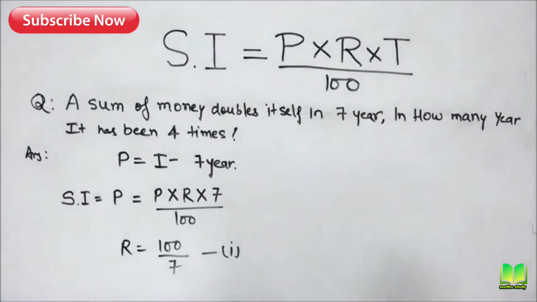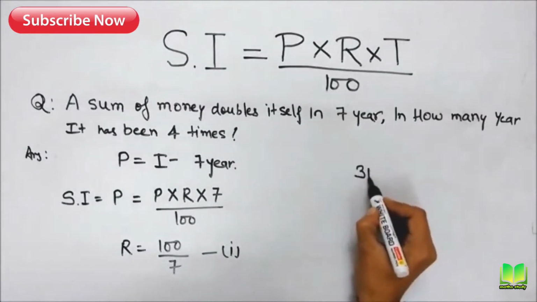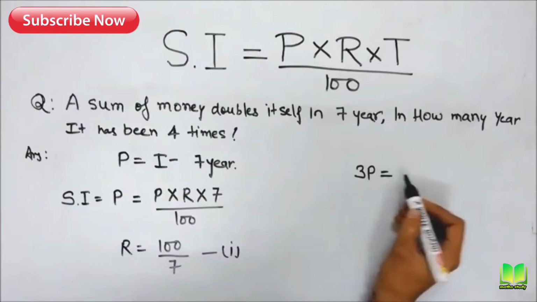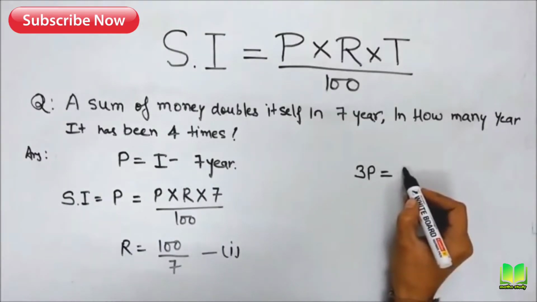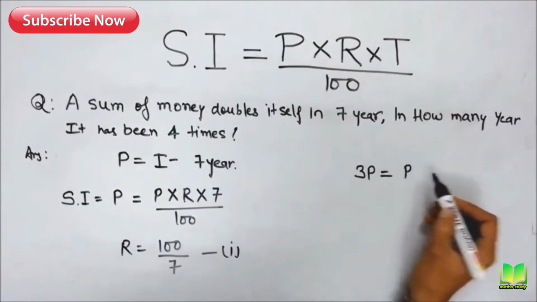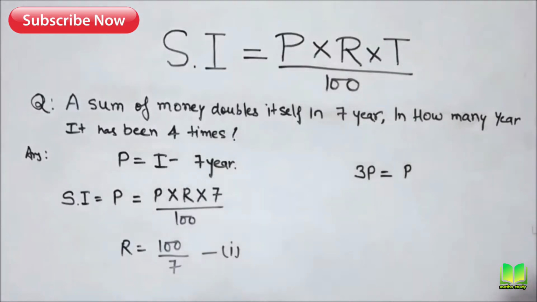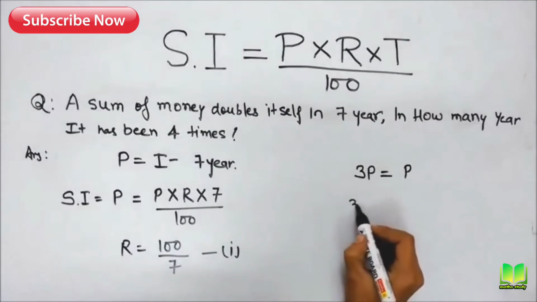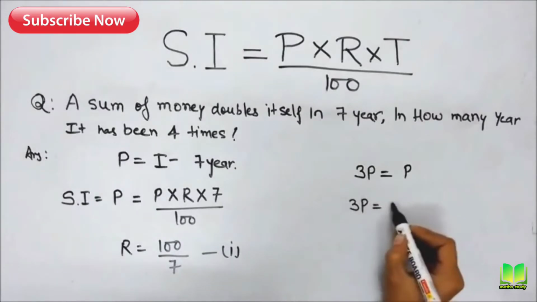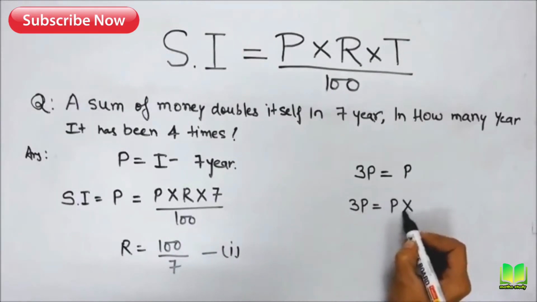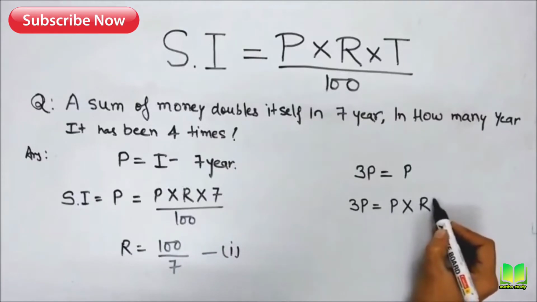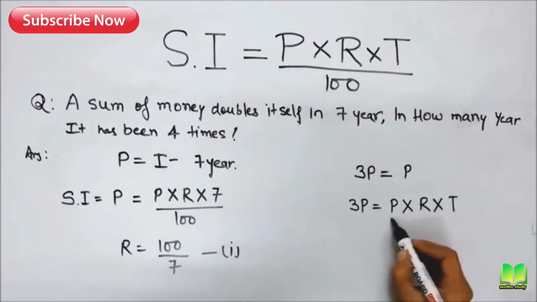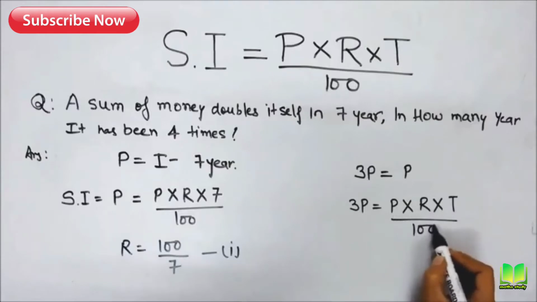In how many years will it become 4 times? That means thrice of P is equal to interest in the given period of time. Now put the values, that is thrice of P is equal to P into R into T divided by 100.